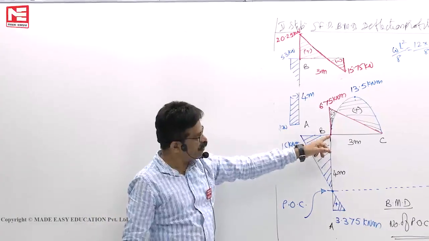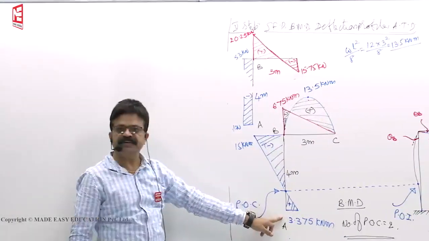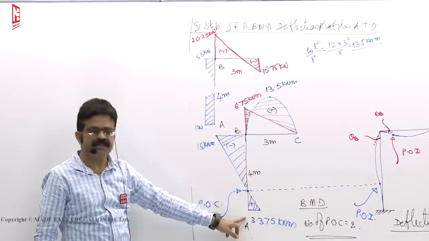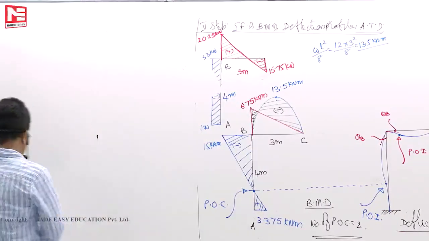Now you see, whatever moment at B you applied, half the moment is carried over. Because of the carryover moment concept, one POC will develop. That we have to remember.